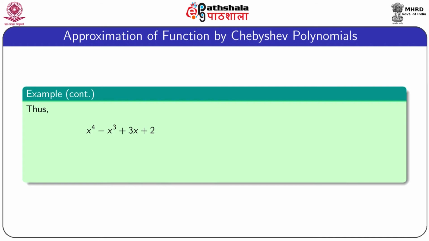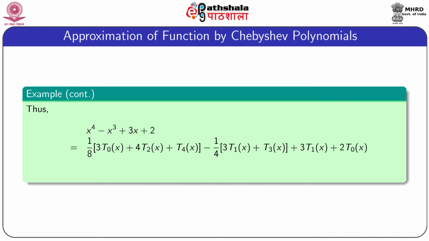So, substituting these values, the given polynomial becomes 1 by 8 into (3 into T0(x) plus 4 into T2(x) plus T4(x)), this is the value of x to the power 4, minus 1 by 4 into (3 T1(x) plus T3(x)), this is the value of x cube, and the third term is 3 into T1(x), and the last term is 2 into T0(x).